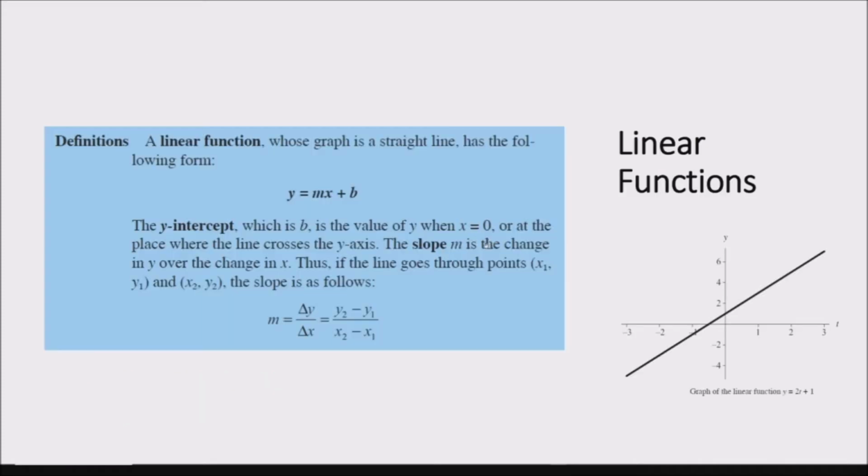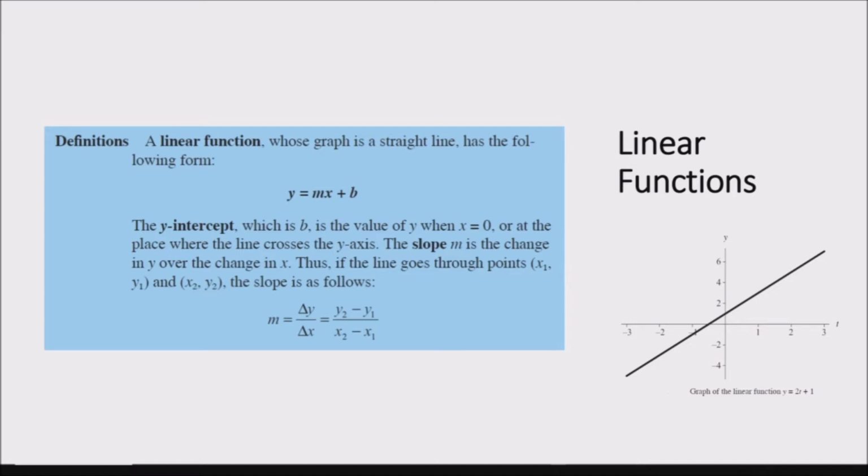Okay, right. So this is a linear function, and the linear function means that you usually get a graph with a straight line. So this is the definition. You may have seen this equation many times. We have two unknowns in this one, right?